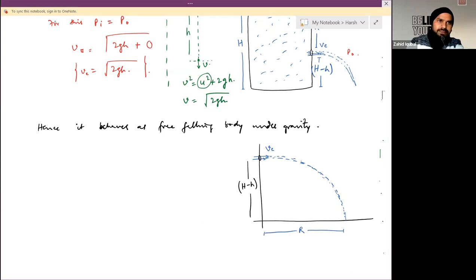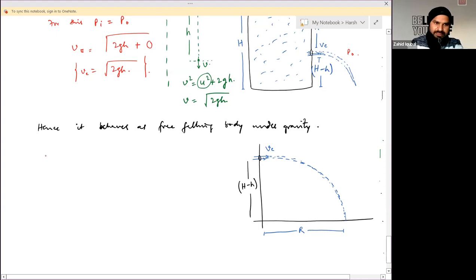So from this part, we have two different directions of motion. First is along x-axis and second is along y-axis. Along x-axis, initial velocity is Ve and acceleration along x-axis is 0. Along y-axis, initial velocity is 0 and acceleration along y-axis is gravity.